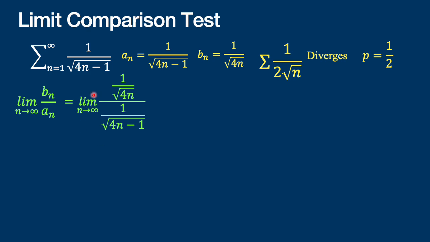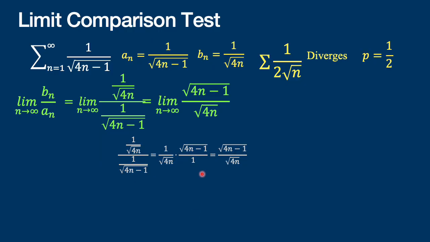So the limit as n approaches infinity: b_n is 1 over square root of 4n, and a_n is 1 over square root of 4n minus 1. Let's simplify the fraction over fraction. The denominator is square root of 4n, and the numerator is square root of 4n minus 1.